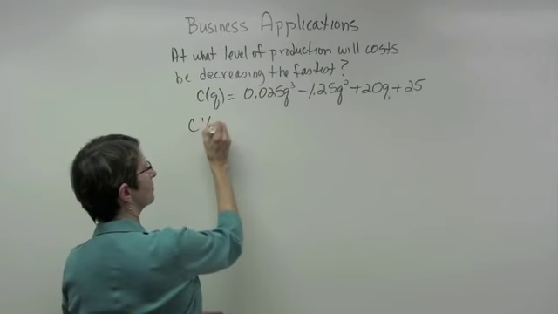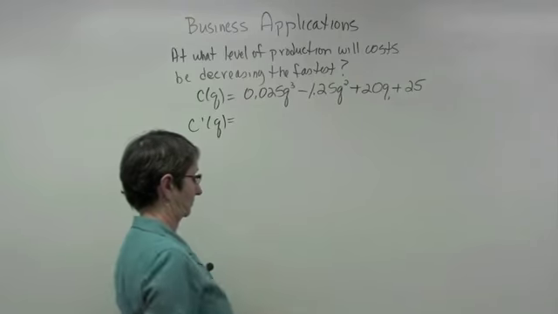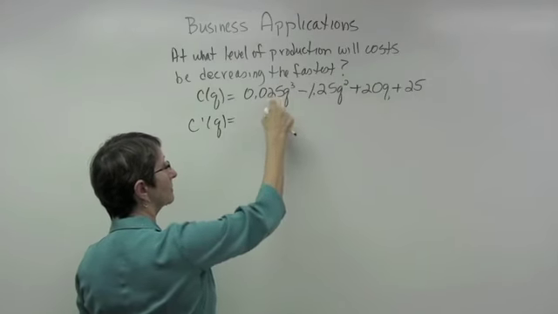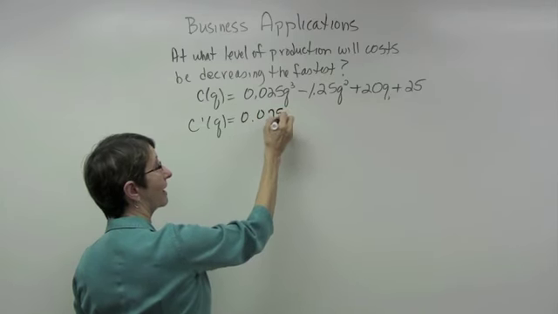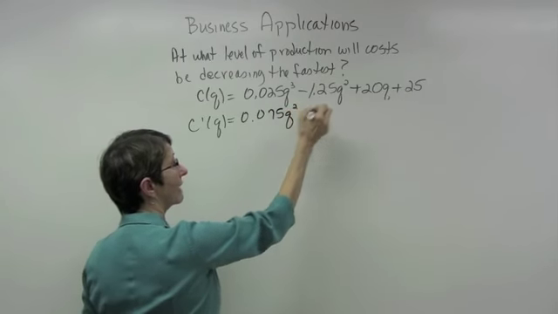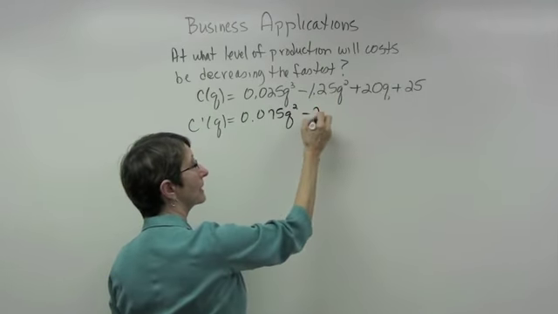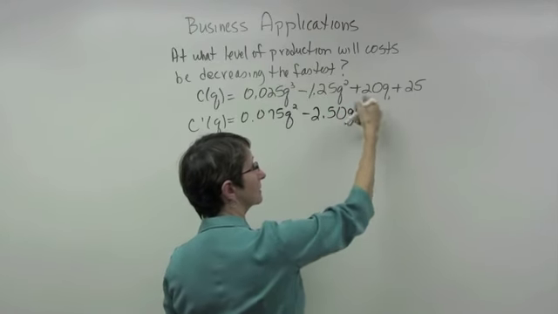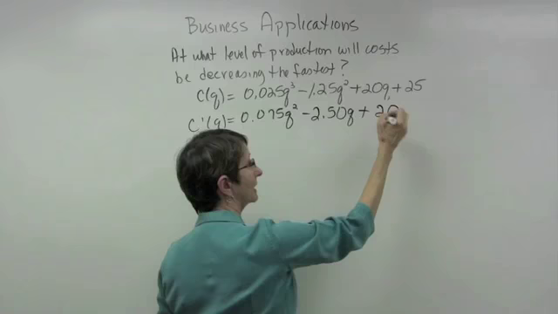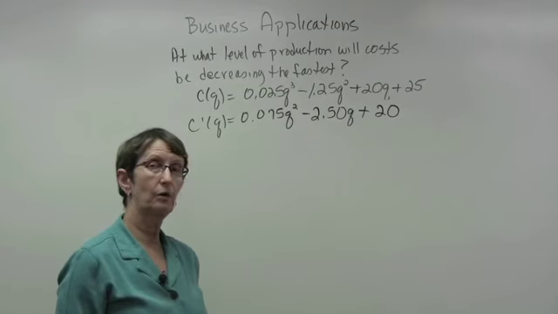First derivative here, c prime of q. The 3 comes around and multiplies, so we have 0.075 q squared, minus the 2 comes around to multiply, gives us 2.50 q, plus the derivative of 20q, which is 20. The derivative of 25 is 0.